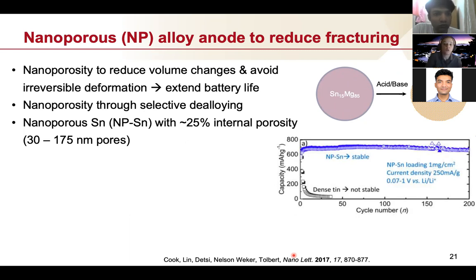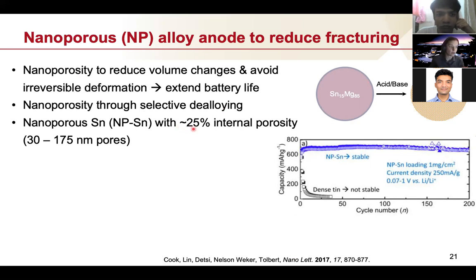And so to mitigate this problem, we can think about trying to introduce porosity ahead of time. So we have collaborators from UCLA, and they've looked at doing nanoporosity to extend the battery life, and they've done that very simply by doing selective dealloying. It's a very easy technique that's not hard to scale up.